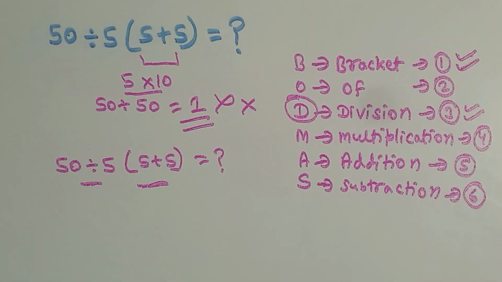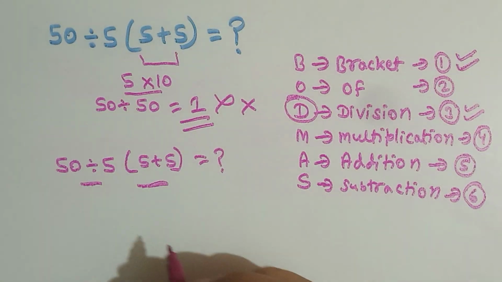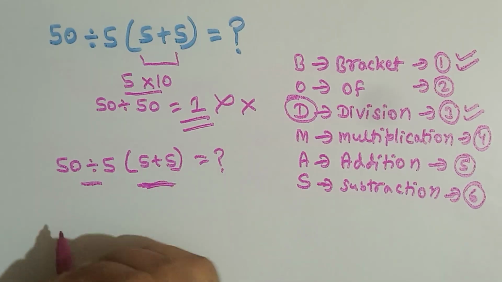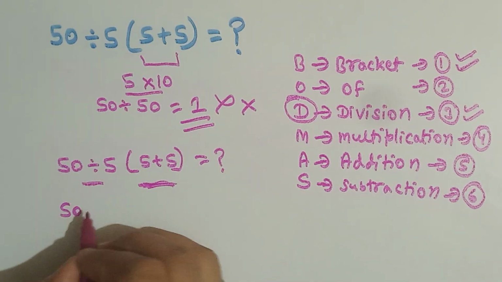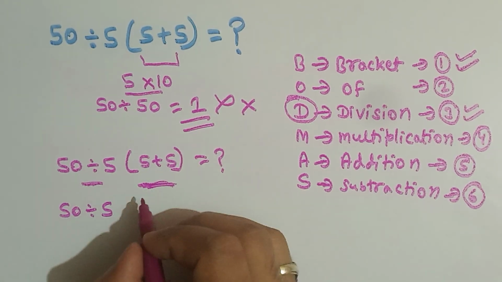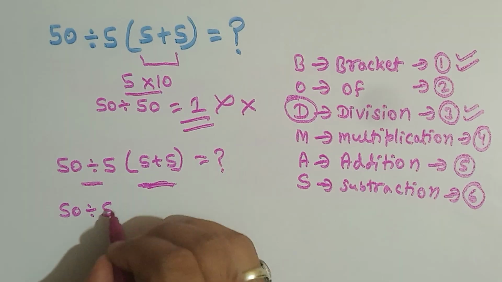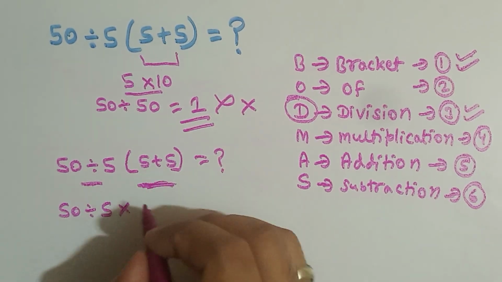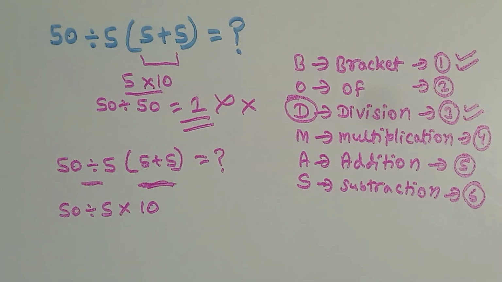You can see it in this rule, right? So we should calculate the bracket part first. Simply write 50 divided by 5, and the sign before the bracket is a multiplication sign, so write the multiplication sign here, and 5 plus 5 means 10, right?